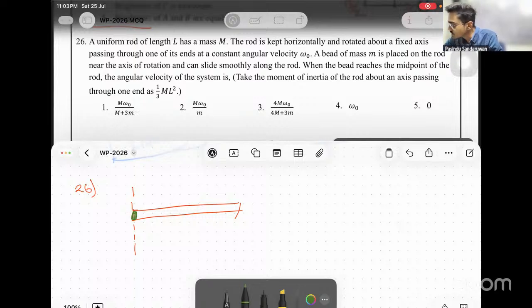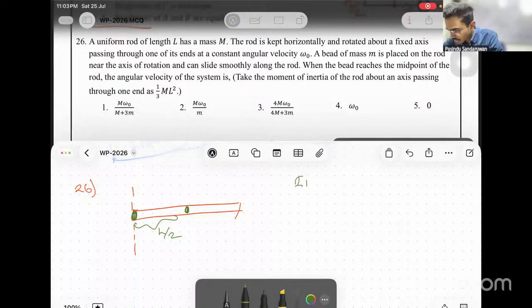Now, when the bead reaches the midpoint, it has reached a distance L over 2. If there's no external unbalanced torque acting on the system, we know angular momentum is conserved.